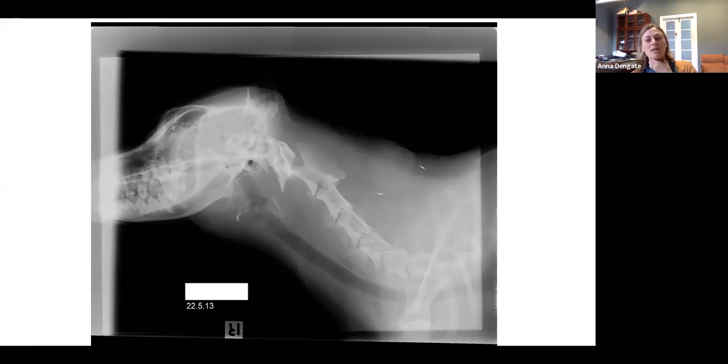So there must be so many more kind of gag receptors and things in that region than in the distal esophagus. Because a lot of distal esophageal foreign bodies, they kind of bring up frothy saliva and whatever they've eaten. But they're not just retching consistently and really upset by it.